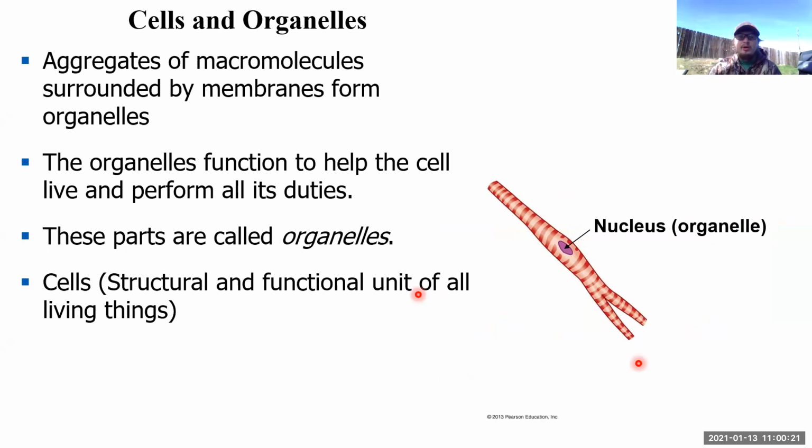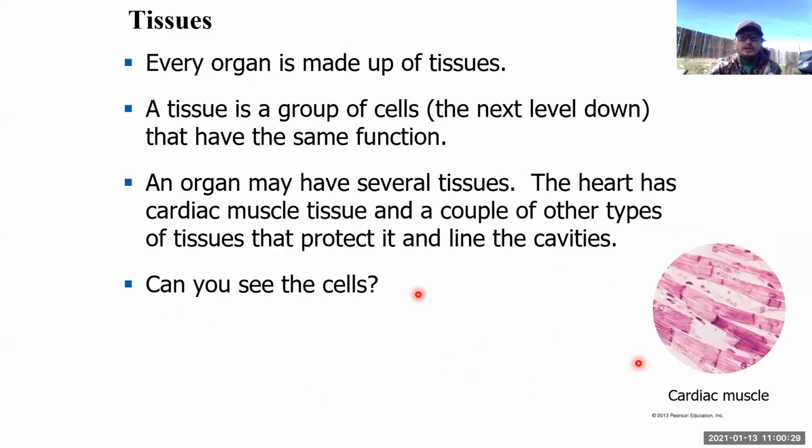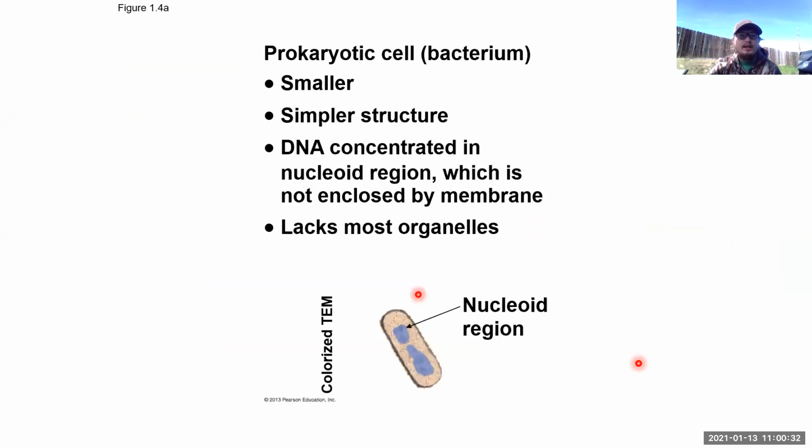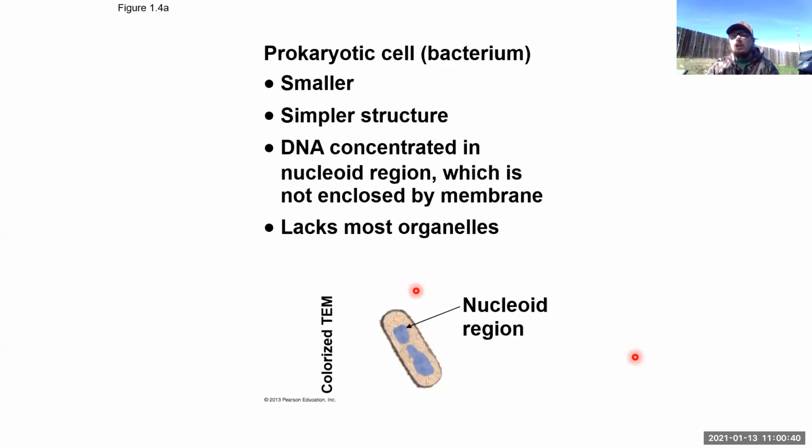Your cells and your organelles in cells will form to produce different tissues, okay? But within cells, there could be two different types of cells. You can have a prokaryotic cell, which is a single-celled organism.